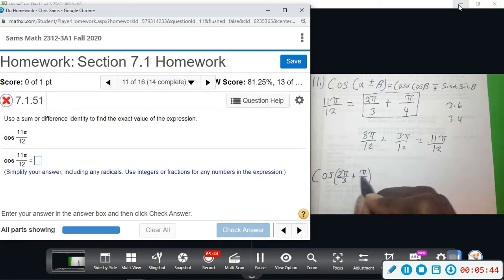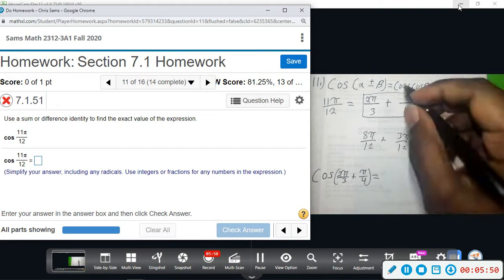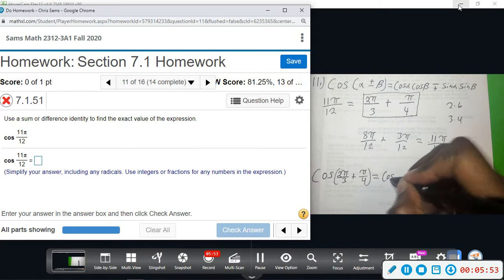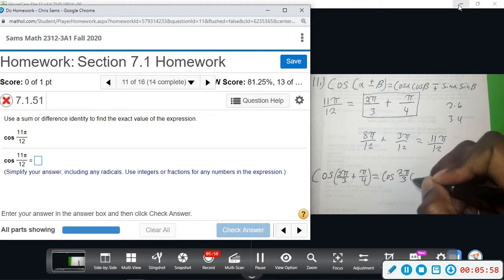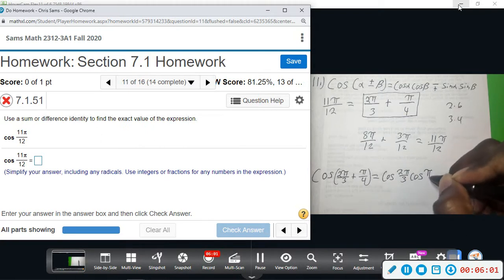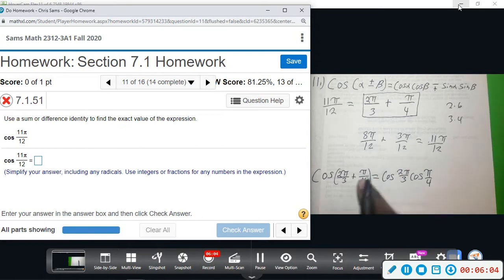These are the two terms from the unit circle, and plugging them into the sum or difference formula, we would write cosine of 2 pi over 3 times cosine of pi over 4, and then the sign changes, minus sine of 2 pi over 3 times sine of pi over 4. And then we will look at the unit circle.